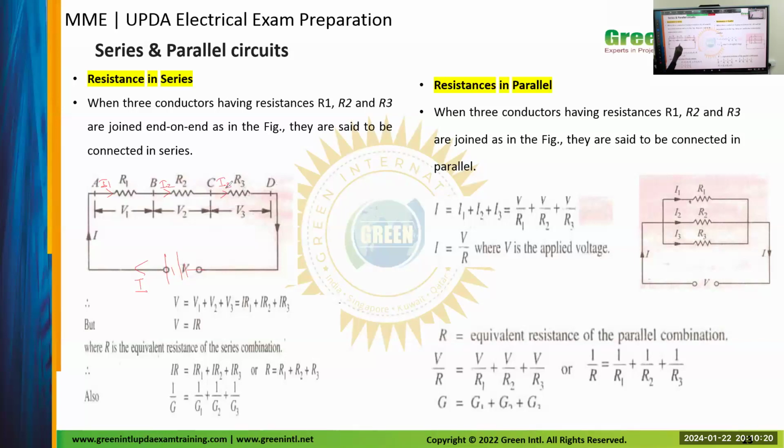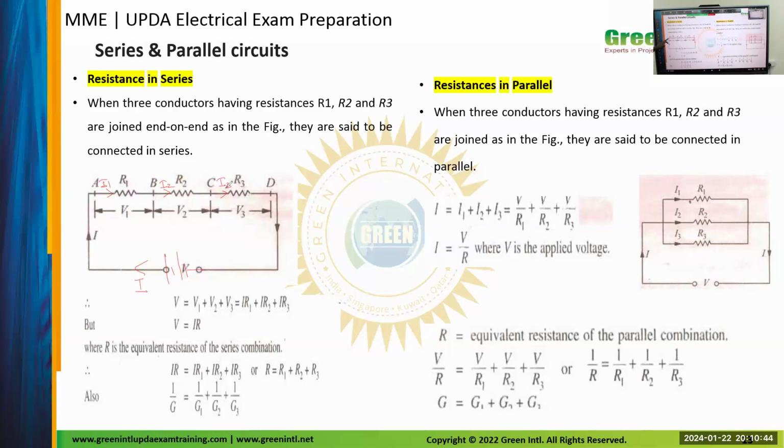By using Ohm's law, the total current is I, and the branch currents are I1, I2, I3. Right now I don't know about the series circuit. The circuit is closed, the current will flow, and every resistance has its own current, I1, I2, I3.